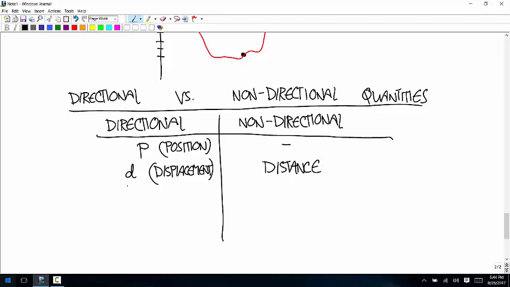Then the next quantity we're going to talk about, which has an associated direction, is velocity. That's lowercase v. The non-directional version of velocity, which doesn't tell you anything about the direction something's moving, is speed.